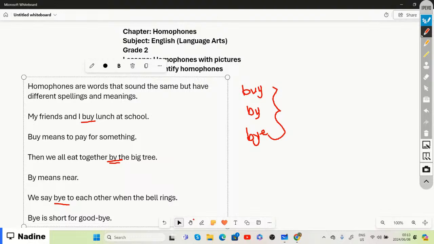All right. And these are actually homophones, right? If you think of more words that sound the same, but the meaning and the spellings are different, please jot it down.